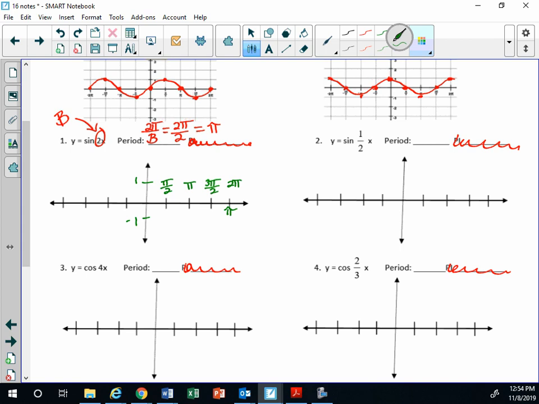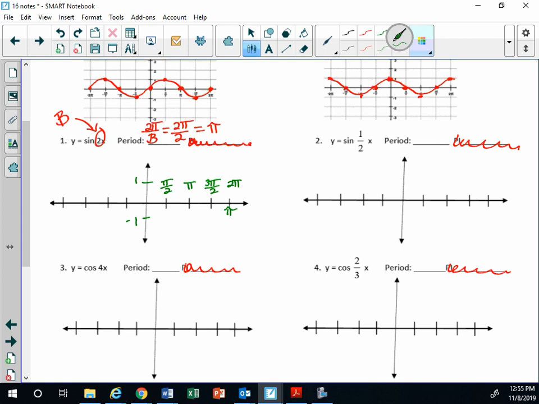Okay, so divided by which number? Divided by b, which is the number of times it would happen. Out to 2 pi. Yes, okay. So we figured that out by dividing by 2, right?